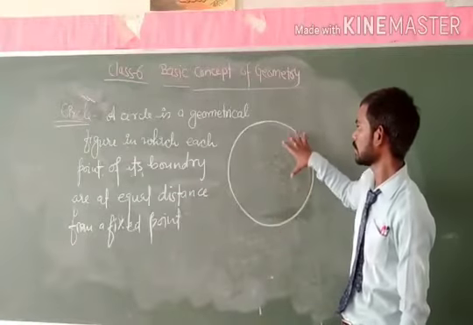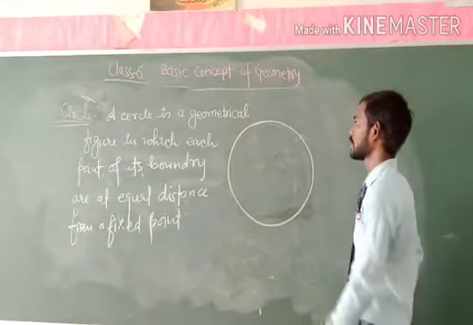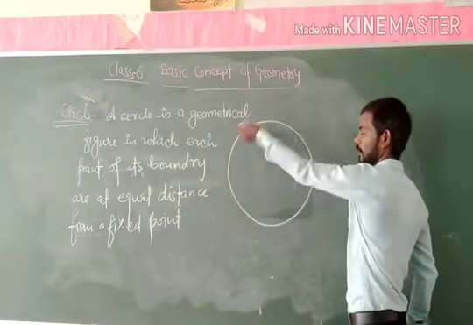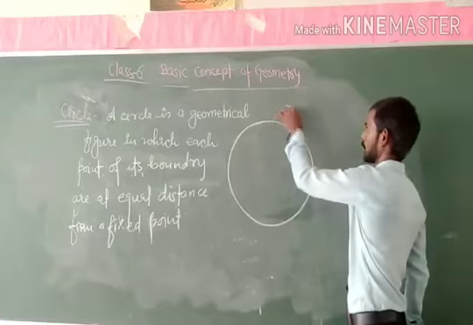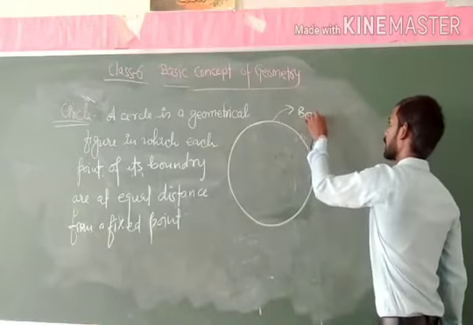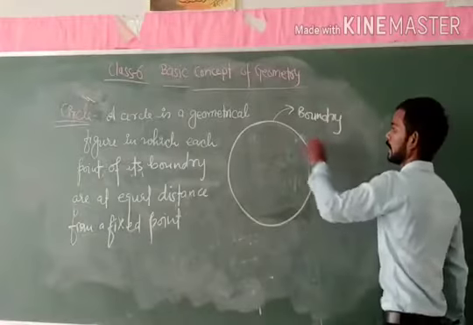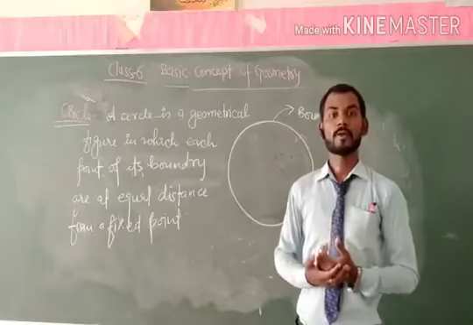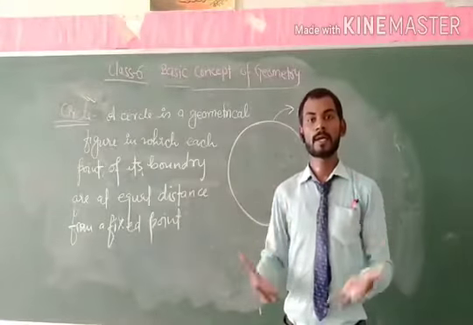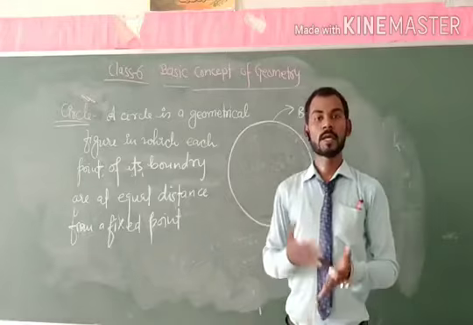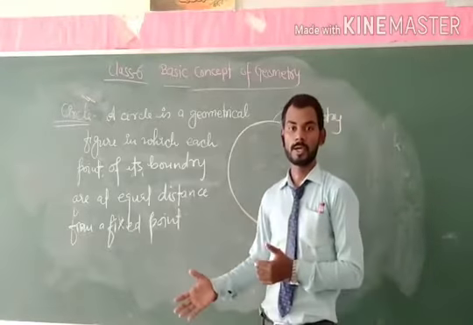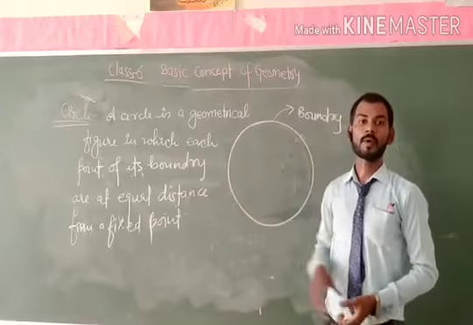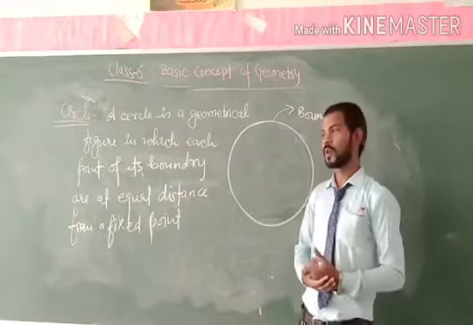Here in this figure, we can see a curvilinear boundary. This curve is called the boundary. As we know, any curve or line is formed by an infinite number of points arranged in an order, so this curve is also formed by infinite points.